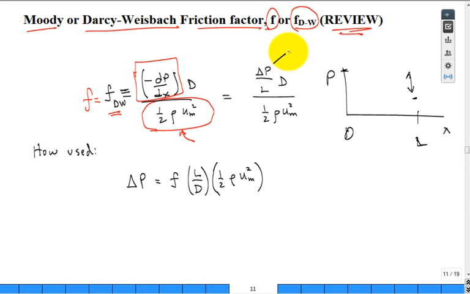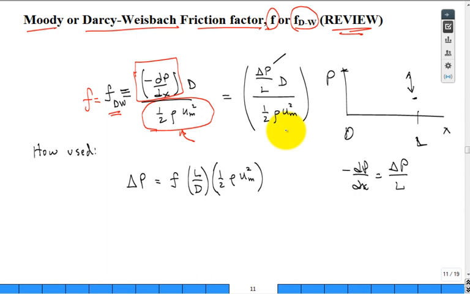And so minus dP dx is a positive pressure drop divided by the length of the pipe. And so they'll replace it. And so sometimes it's written like this, and you say, there's a minus sign missing. No, there's not. They're talking about a positive pressure drop or a positive pressure loss.